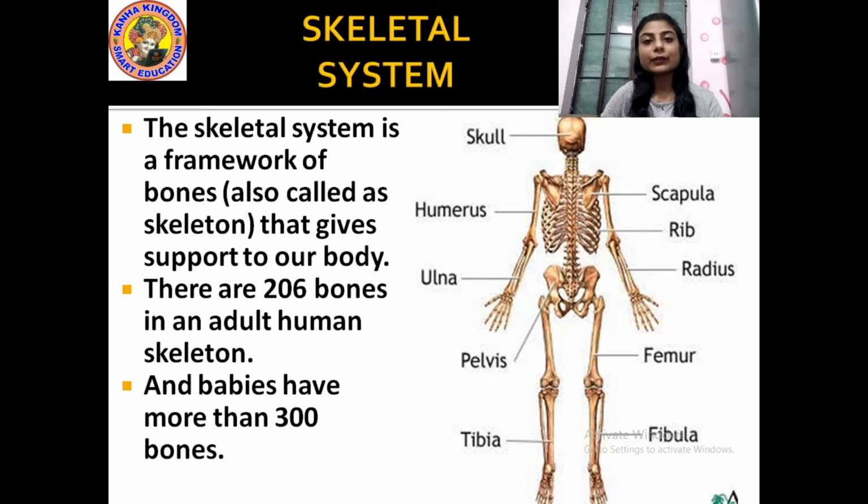If you are asked how many bones a small baby or an infant has, you will say more than 300 bones. If you are asked how many bones an adult human has, you will say 206 bones. And what is a skeleton? It is a framework of bones in our body.